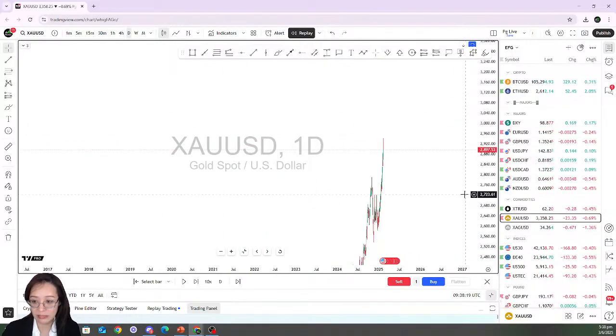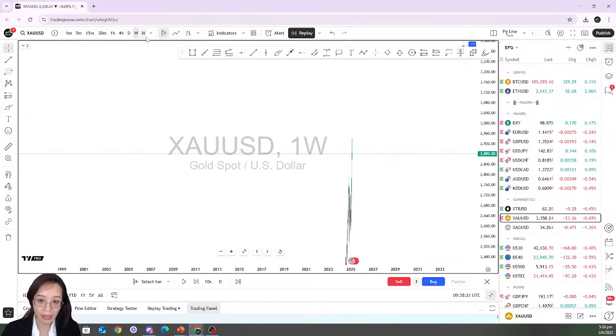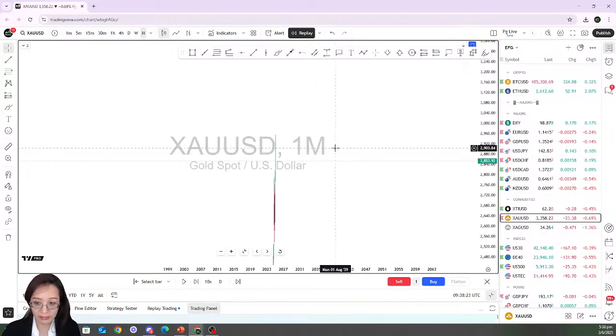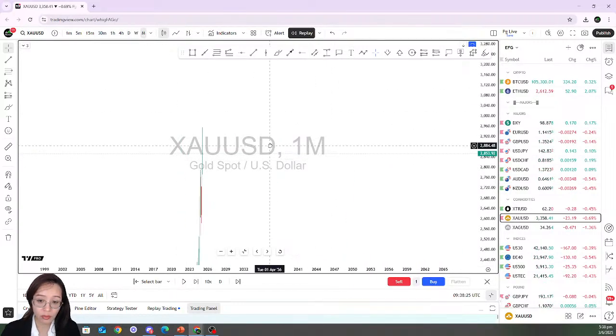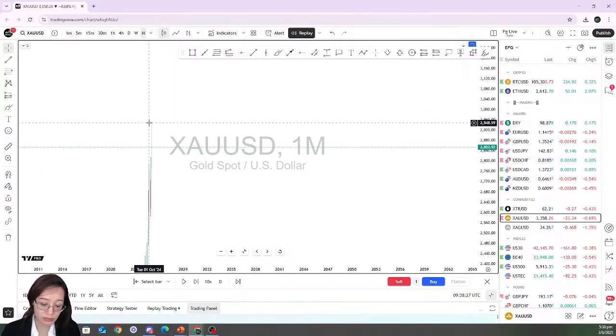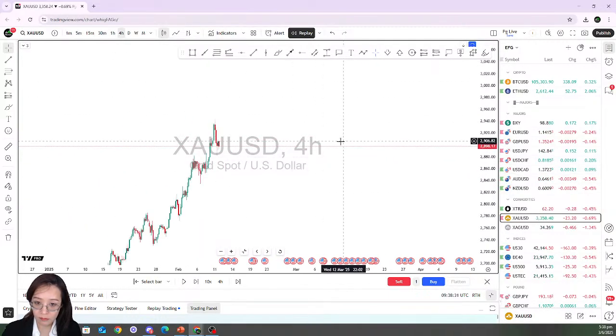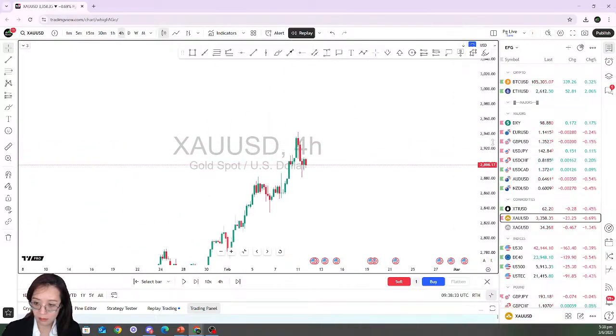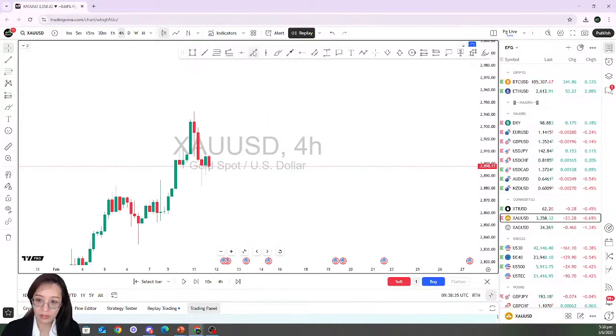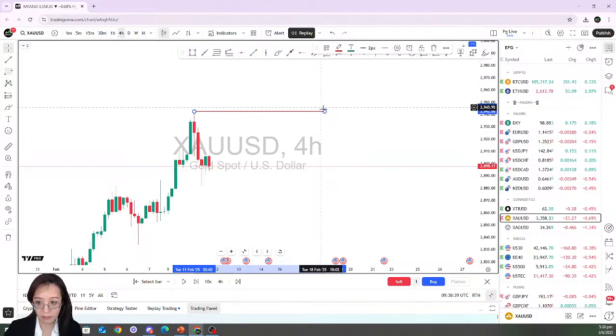What about in D1? There's nothing. Monthly and weekly, there's nothing on your left. So you don't know whether this is going to be your key resistance level or not. What you need to do, you can just say this is going to be your swing high resistance level.